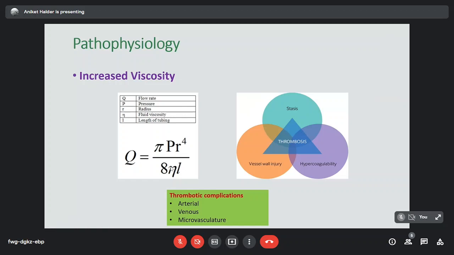So if the viscosity increases, there will be decreased rate of flow. So as the viscosity increases in Polycythemia vera, the rate of flow through a particular blood vessel decreases, and there is stasis. So by Virchow's triad, we know that if there is increased stasis, there will be increased chances of thrombosis.